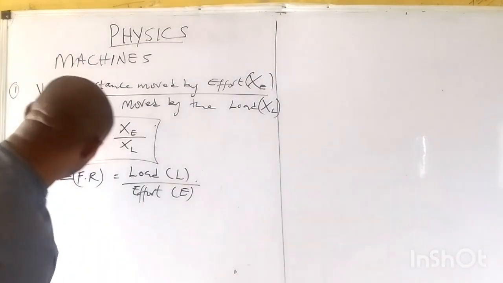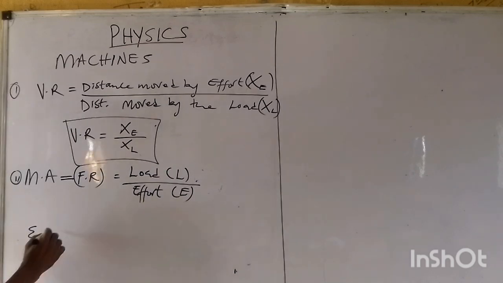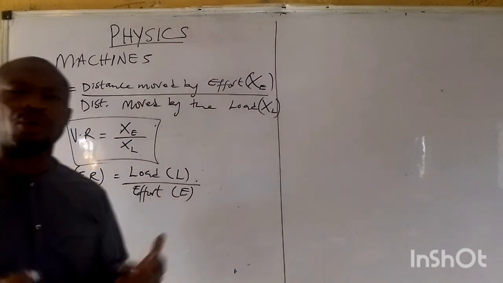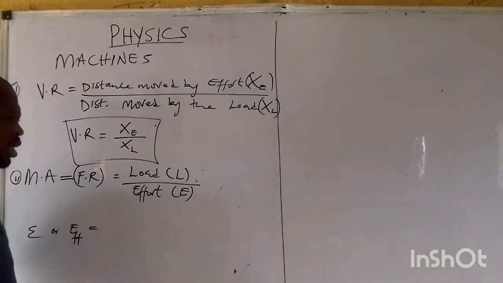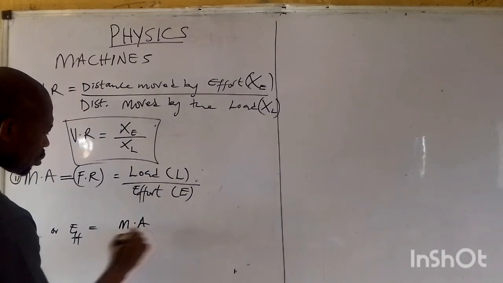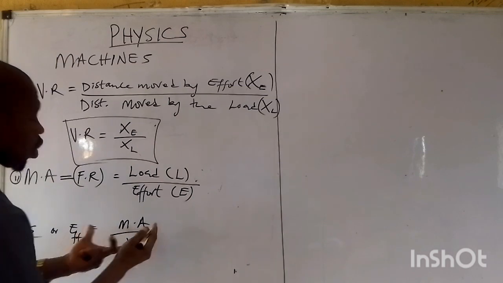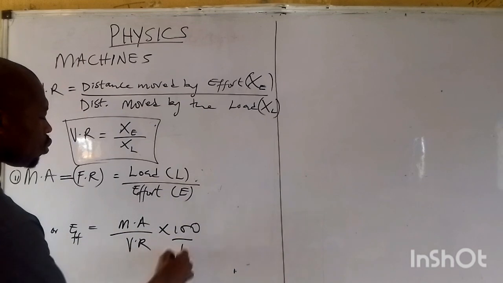Now the third term we use here is efficiency. We can represent it like this, or we can use EFF to represent efficiency. Efficiency is the ratio of mechanical advantage to the velocity ratio. It is measured in percentage. Because of that, we multiply by 100/1.